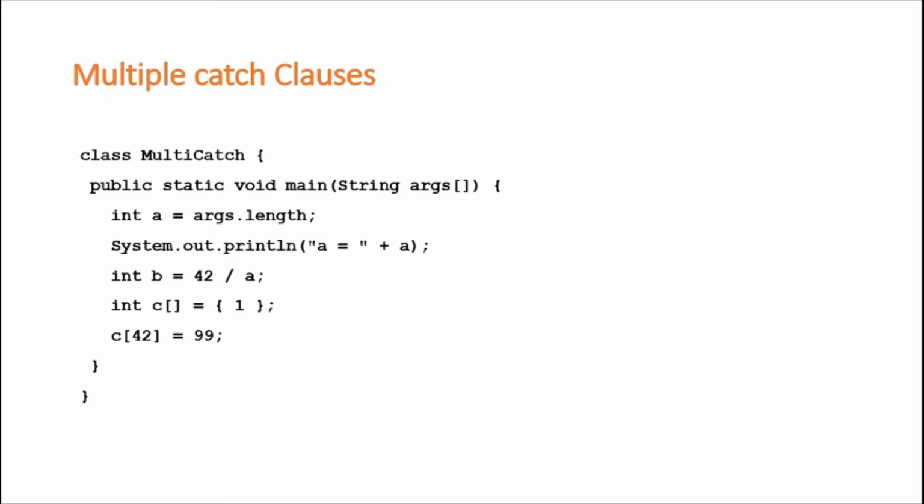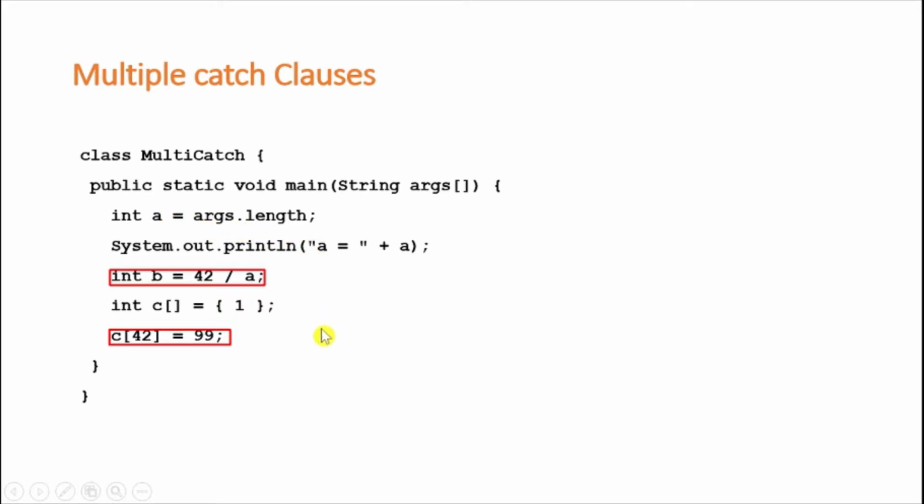Multiple catch clauses. In this block of code, can you tell which statements throw exceptions? Can you think? The statements int b = 42 / a and c[42] = 99 throw exceptions. The statement int b = 42 / a will throw an exception if the value of a is 0.